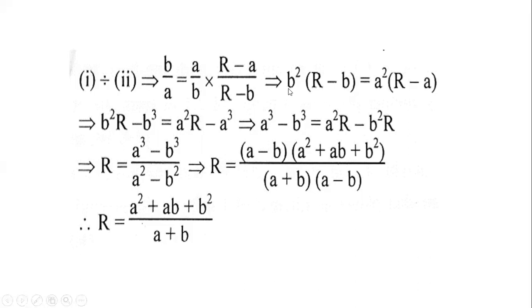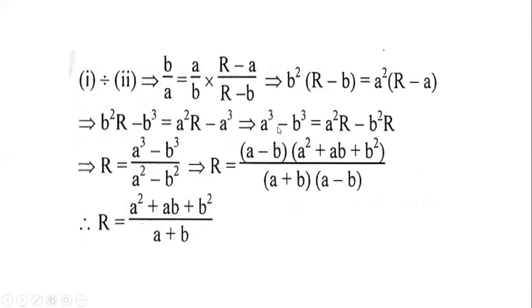After calculation, if we multiply this term by b², then we get b²R minus b³ equals a²R minus a³. Here, if we interchange the terms, that means side change, then we get a³ minus b³ equals a²R minus b²R.